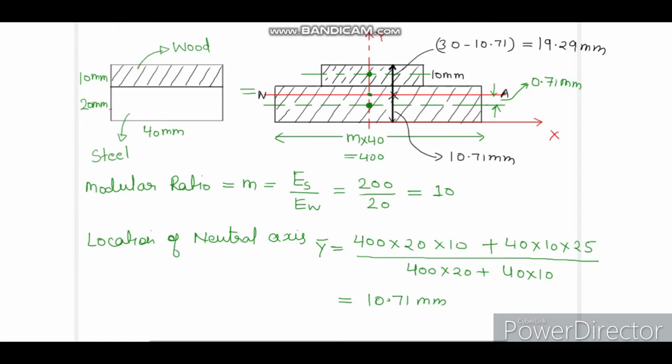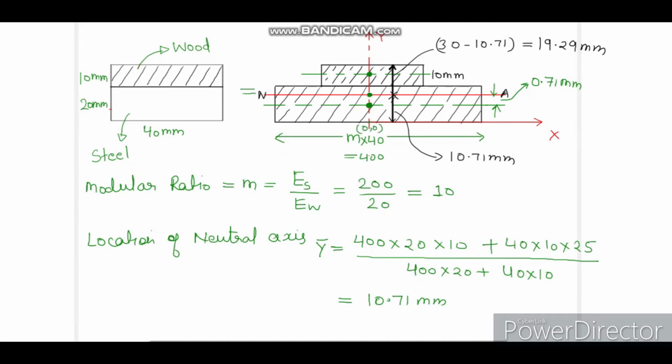Since the section is symmetrical about the bi-axis, after knowing the y distance of the centroidal point, we can locate the neutral axis. This section has area 400 into 20 mm, and this section has area 40 into 10 mm, and its centroid lies at a distance of 25 mm from this origin, 0 0.